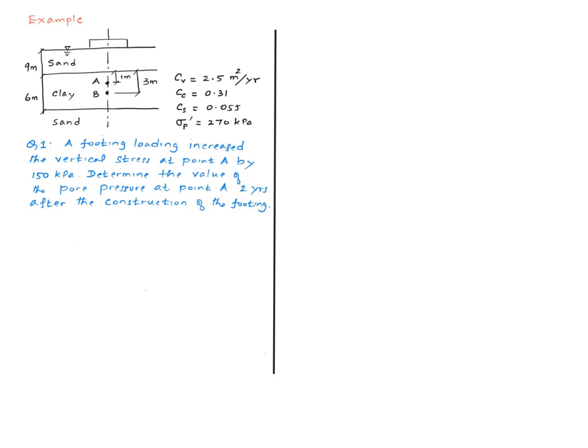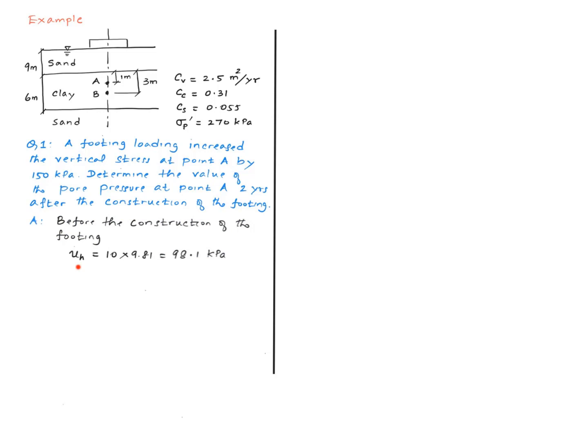It is understood that there was hydrostatic pore pressure at point A before the construction of the footing, right? So the footing has produced an excess pore water pressure. So we need to find these two components, add them up to find the pore pressure at point A at the present time.